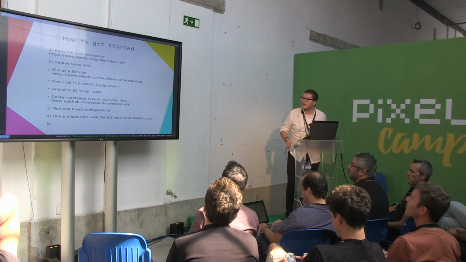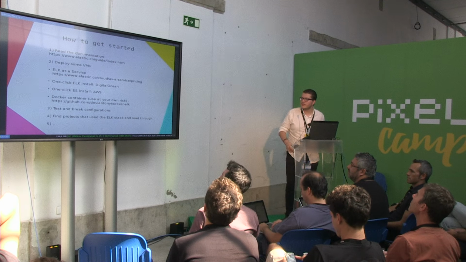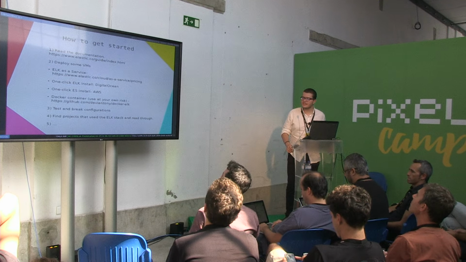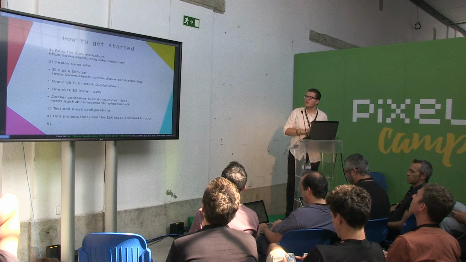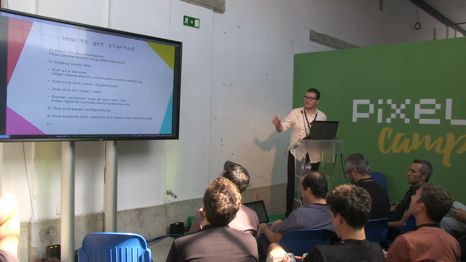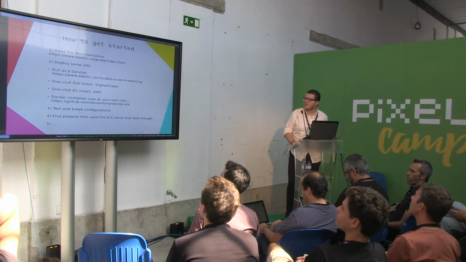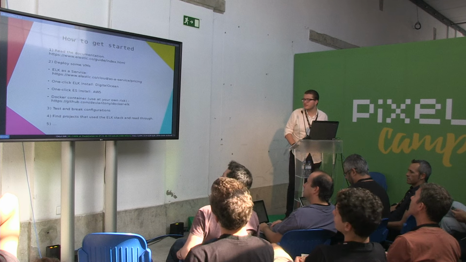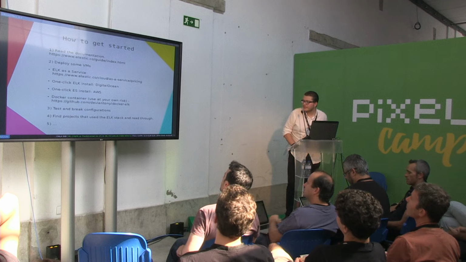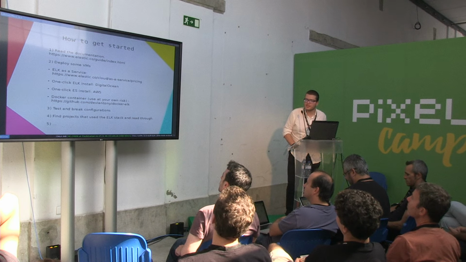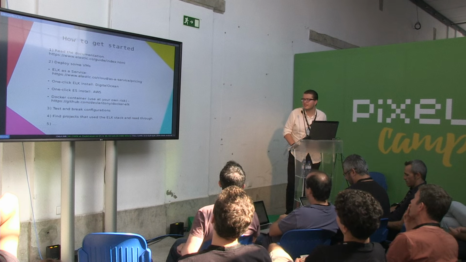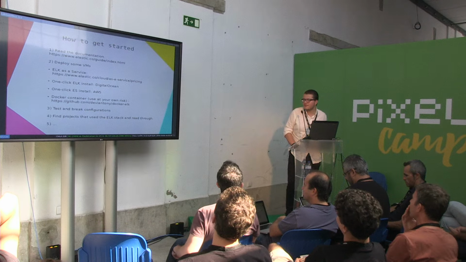just do the one-click install and you have ELK ready to go. Amazon also has a one-click install for Elasticsearch, not the entire ELK stack, but for Elasticsearch. Also Docker containers: if you feel like trying some Docker containers from GitHub, please use them, but at your own risk.